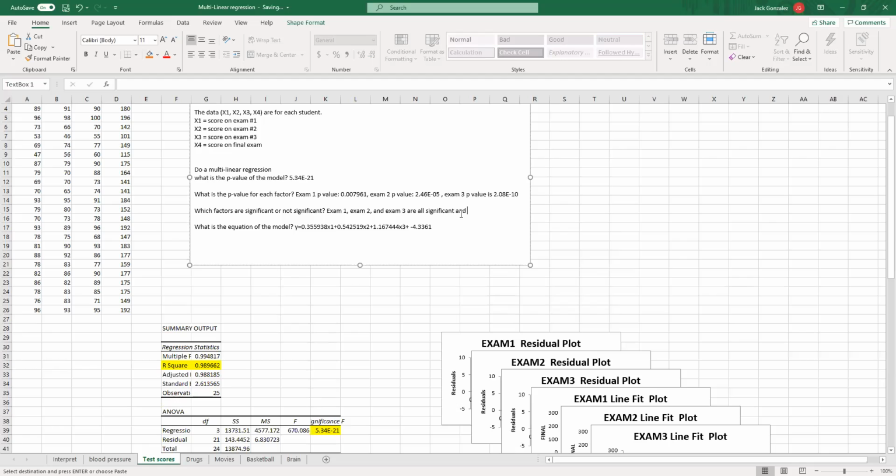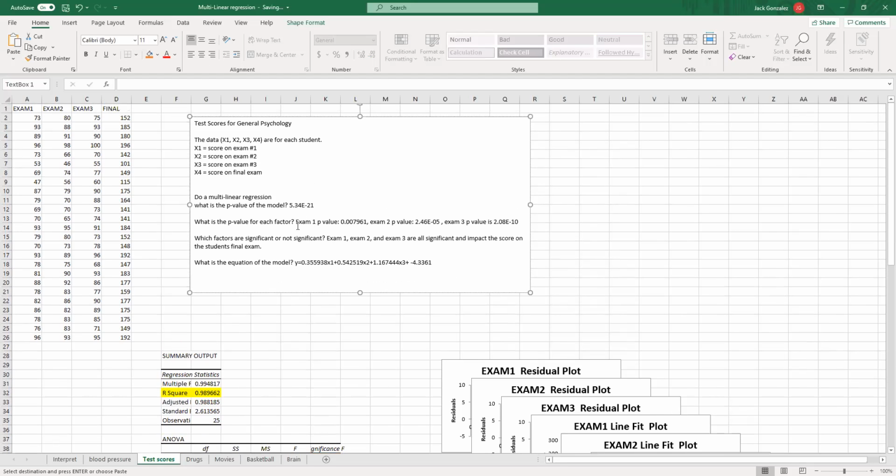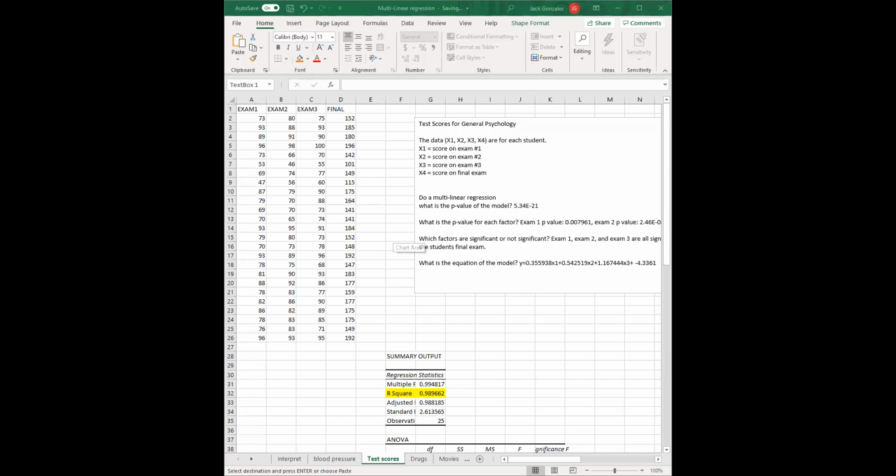I'm going to put an extra note here, and impact the score on the student's final exam. Okay. So whenever you do any kind of research or study or some experiment in science, at a certain point, when you collect the data, you do have to refer to statistics and p-values. So whenever someone publishes some sort of research or a discovery, usually their p-value has to be pretty good.